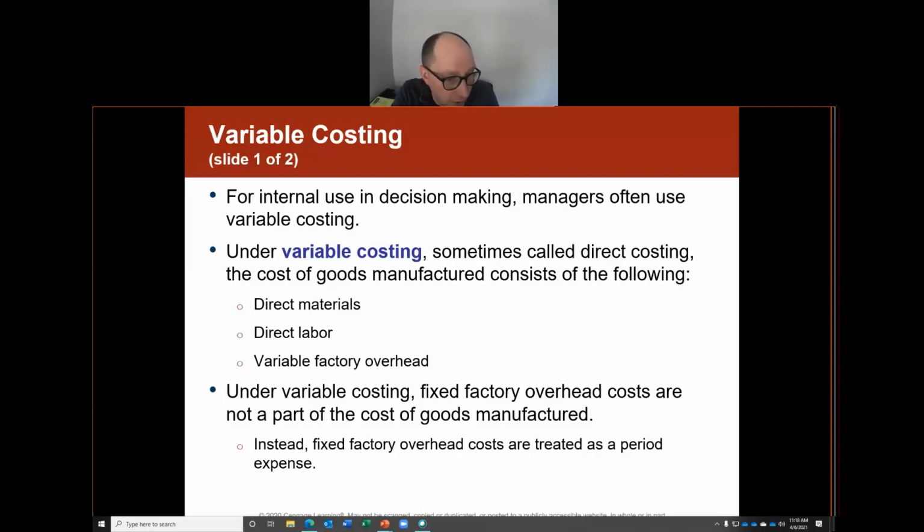It would include things like maintenance wages, maintenance expenses. These are variable. They change month to month. So when we talk about variable costing, think of the concept of variable. We're not including anything that's fixed. So direct materials, direct labor, and variable factory overhead.